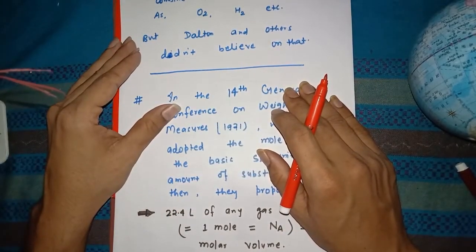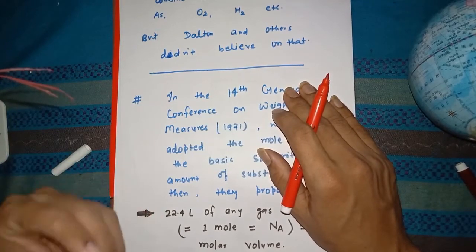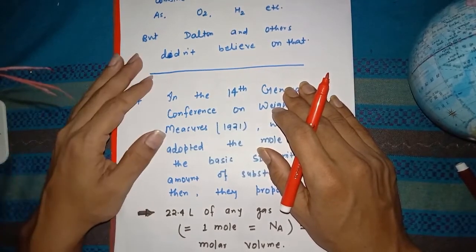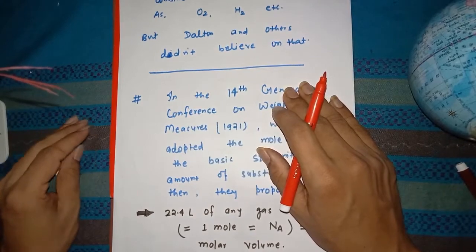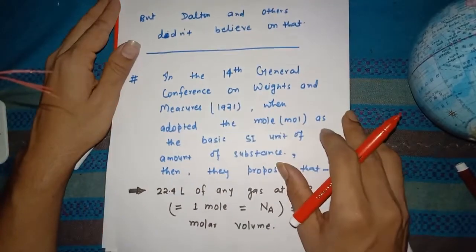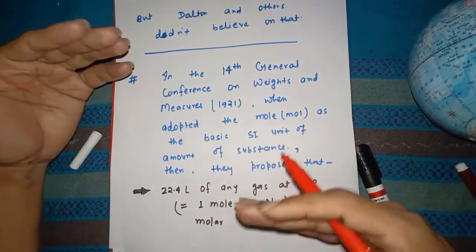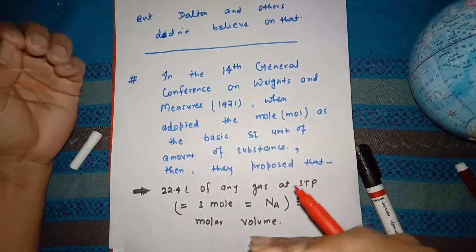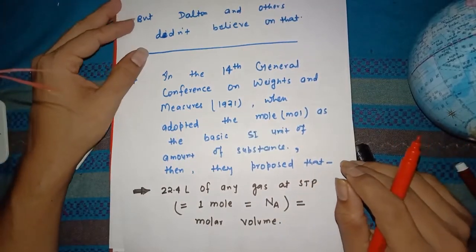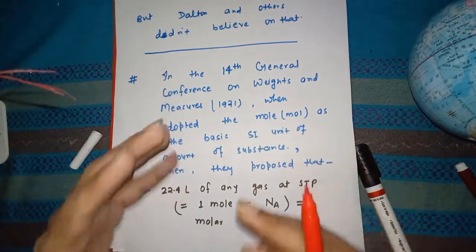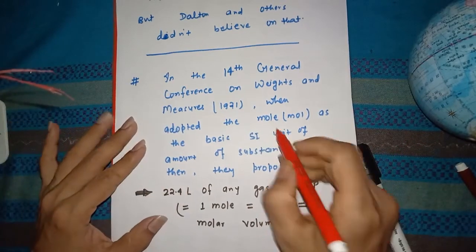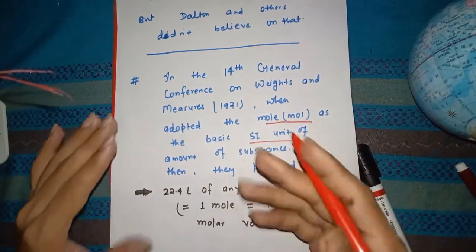So Avogadro was a very important scientist in the history of chemistry. When the General Conference on Weights and Measures was held in 1971, they adopted a new unit called the mole as the SI unit of amount of substance.